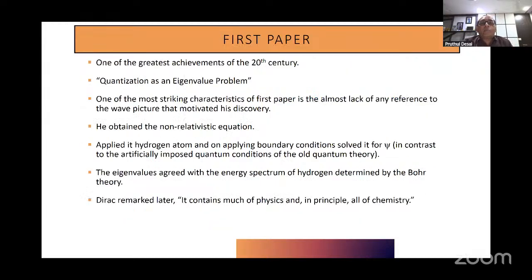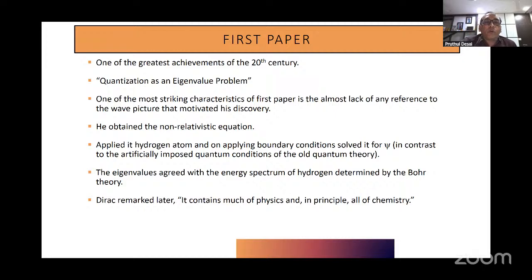So now I'll come to the first paper, and I'll try to highlight a few important points which helped Schrödinger arrive at his equation. The first paper is one of the greatest achievements of the 20th century. The title of the paper is Quantization as an Eigenvalue Problem. The second paper also has the same title, so it is part 1, part 2, you can say.